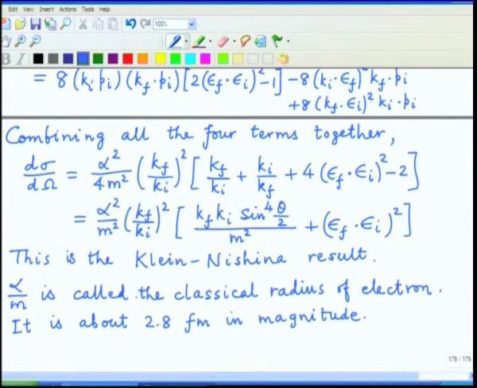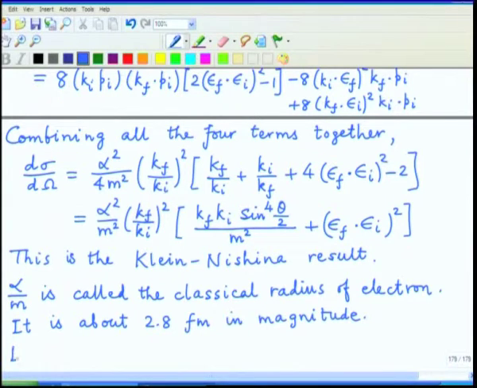One gets this result explicitly, that this becomes essentially the cross section, in the sense that the first term in this expression can be neglected in various situations.